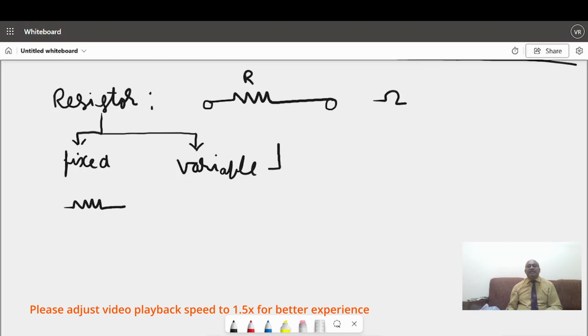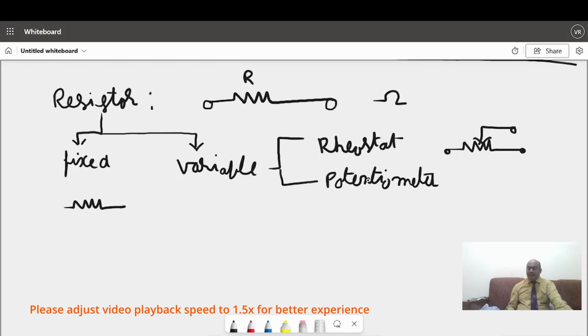Variable resistors are used as rheostats. First classification, rheostat: if a two or three terminal device is used as a variable resistor, it is usually referred to as a rheostat. One point, a second point, and another point slides on the resistor, thereby it is movable. Three points are there. Next, potentiometer.